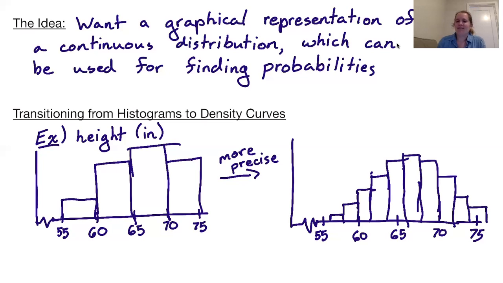This is just showing we could go more precise, narrow our categories. So instead of counting how many people fall between 60 and 65 inches, we just count from 60 to 62 inches and then 62 to 64 inches, etc. We could go even more precise from here.